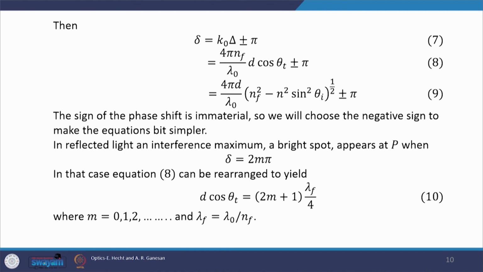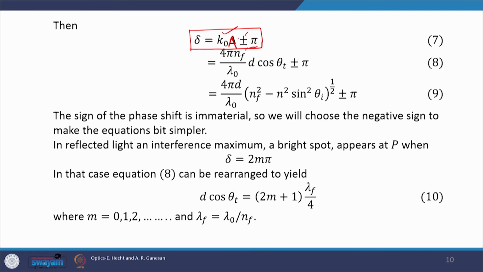Therefore, the total phase difference would be equal to k naught into cap lambda plus pi or minus pi; we can choose either.